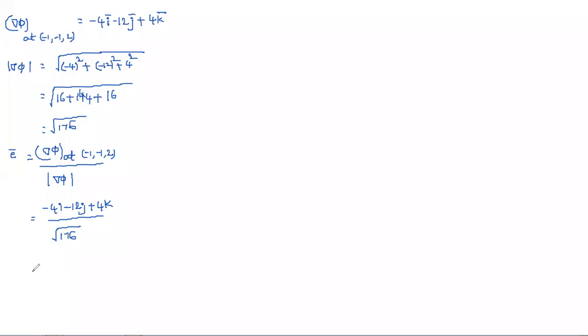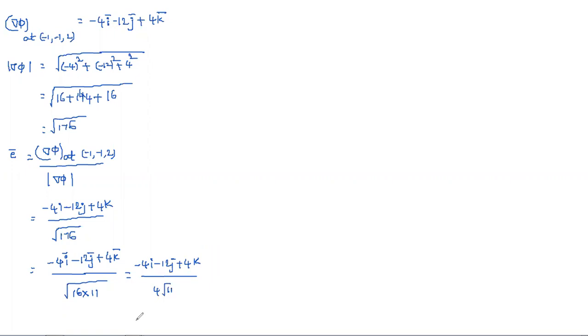Now, can you write this as 16 times 11? So the square root of 16 is 4, and we have (-4i - 12j + 4k) divided by 4 root 11.